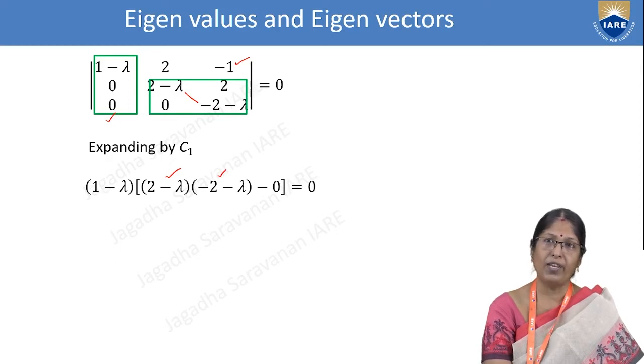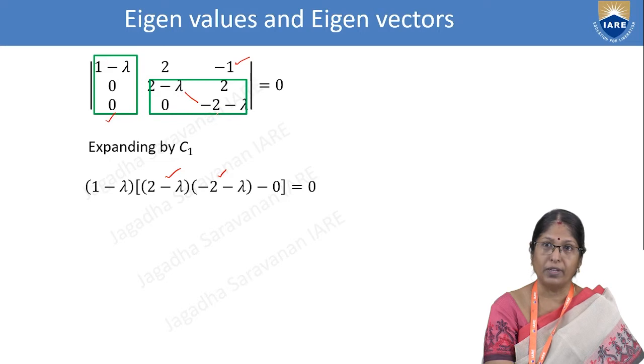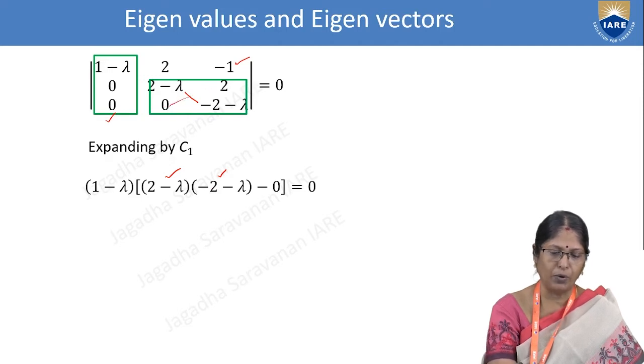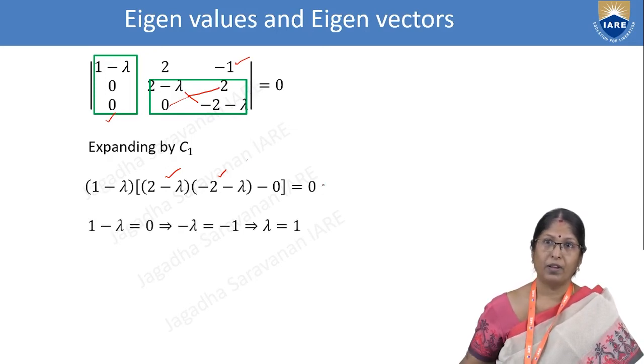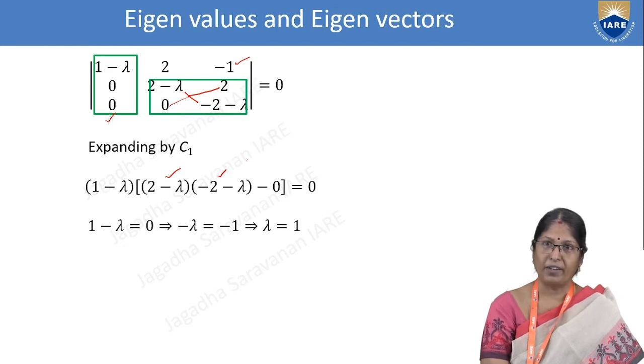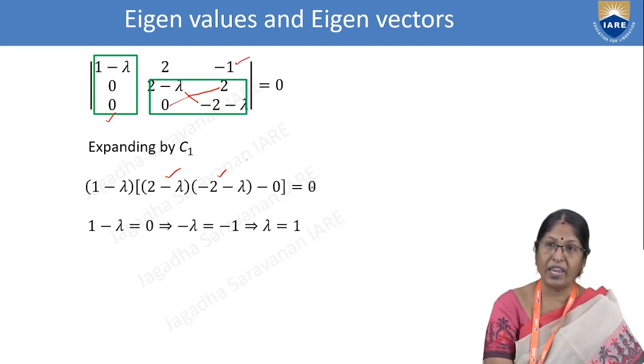Students must be very careful with the negative signs: they may be in the formula or in the problem. Now this into this, both multiplied, with the minus from the formula, and for these two we multiply 0 into 2, which is 0. Next, we multiplied it: 1 minus lambda equal to 0.